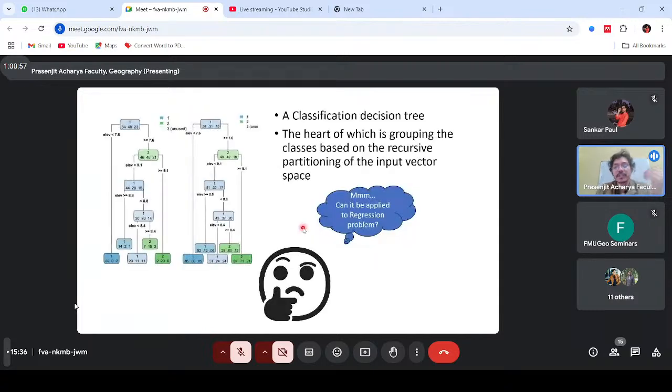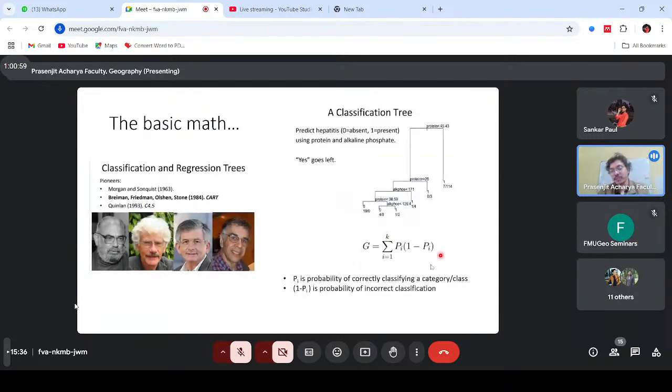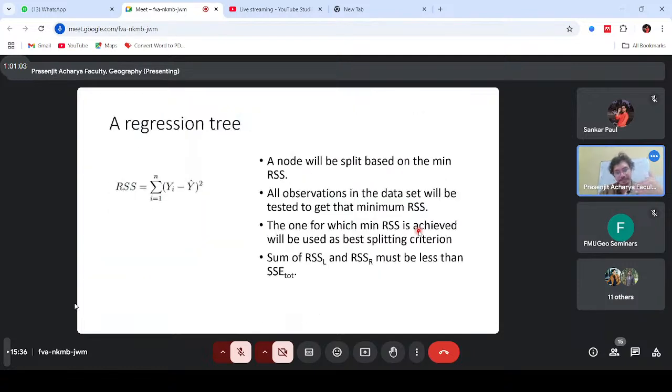Instead of using this Gini impurity function, now the criteria should be residual sum of square error, RSS, where this y hat is not similar to what we get from the regression function, but it's y.